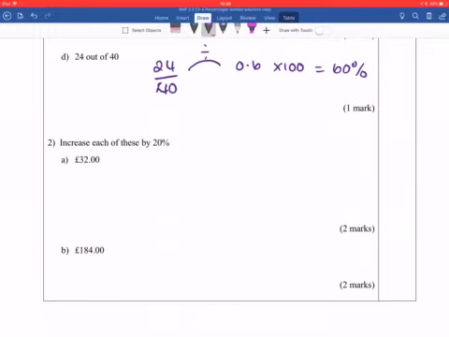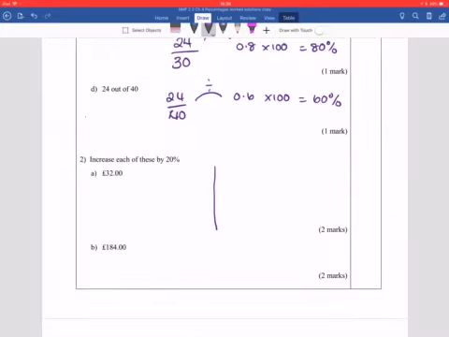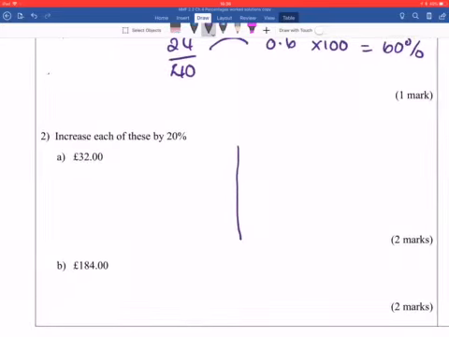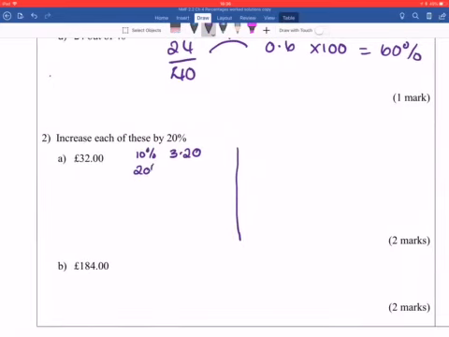Right, increase by 20%. So there's two ways of doing it. The first way is you find 10% and then 20% and add it on. So 10% would be £3.20 because I divide by 10. So 20% is double that, which is £6.40. I add it all on to £32 and I get £38.40.